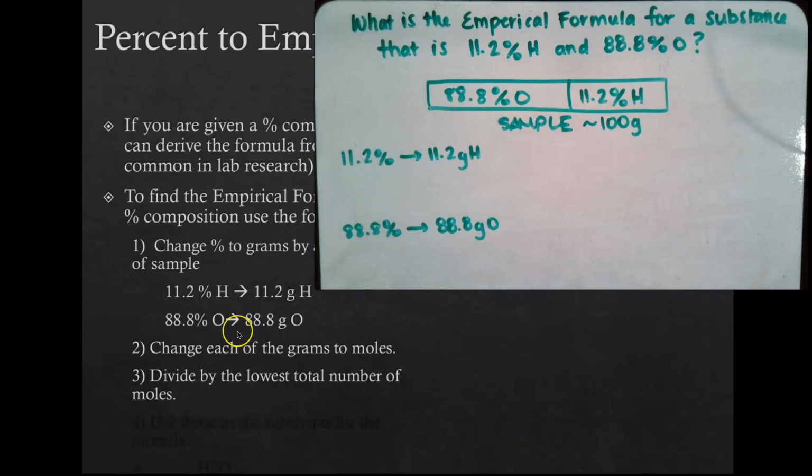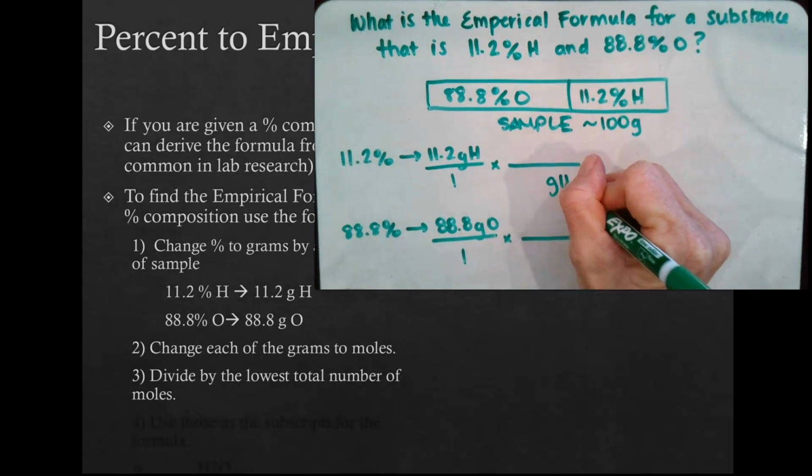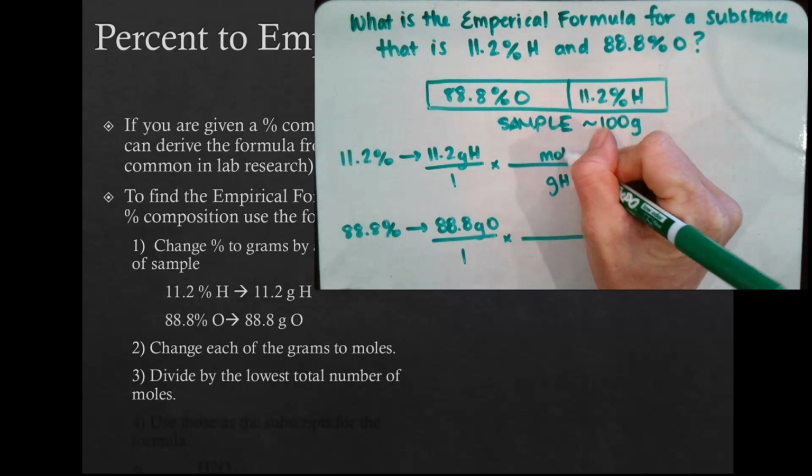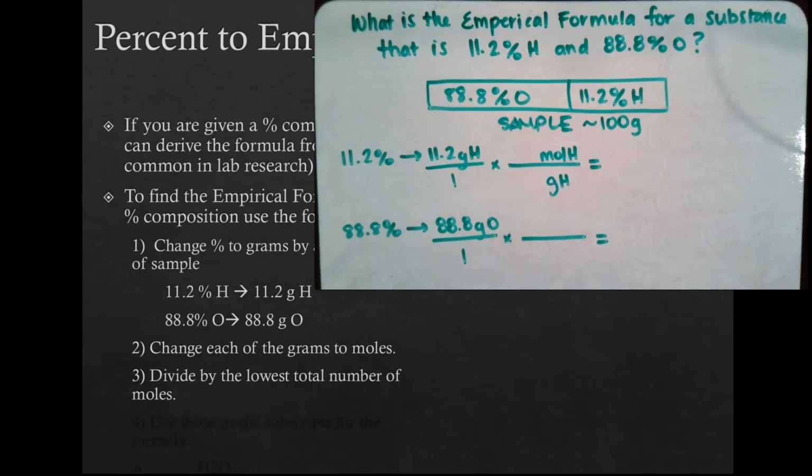Step 2, change each of the grams to moles. That's a single step process because we're just going grams to moles. That's only one box on the mole diagram. So grams of hydrogen go on the bottom and moles of hydrogen on top. In oxygen's equation, same thing: grams of oxygen on the bottom, moles of oxygen on top.